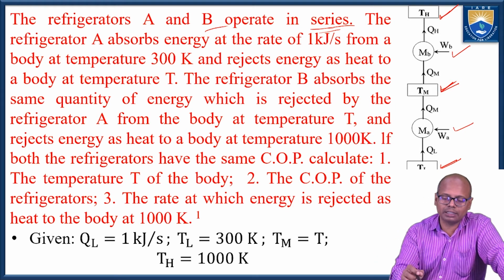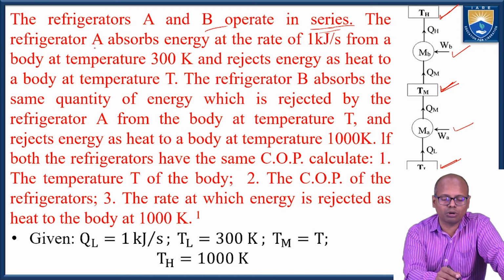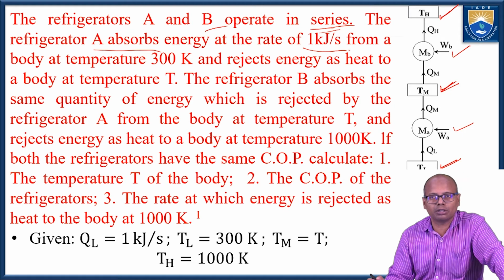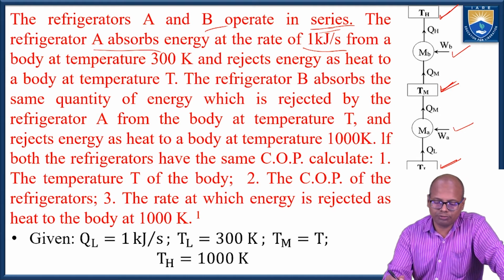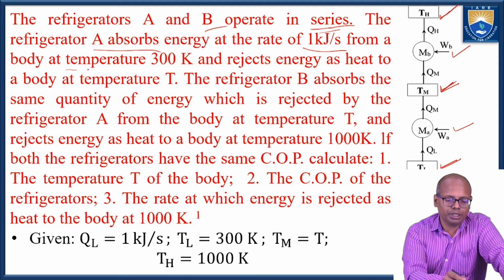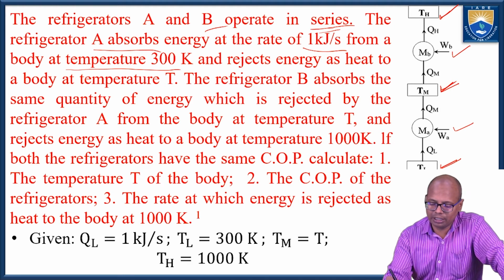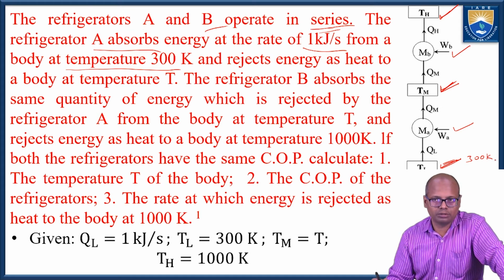The refrigerator A absorbs energy. What is the amount of energy? 1 kilojoule per second from the body at a temperature of 300 Kelvin. So this TL is equal to 300 Kelvin.